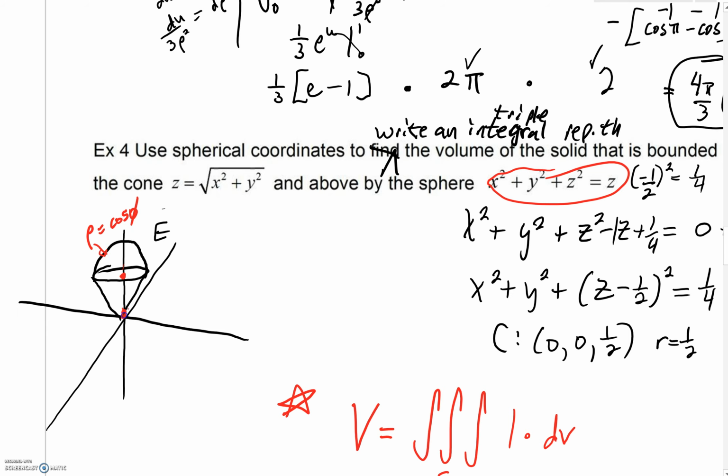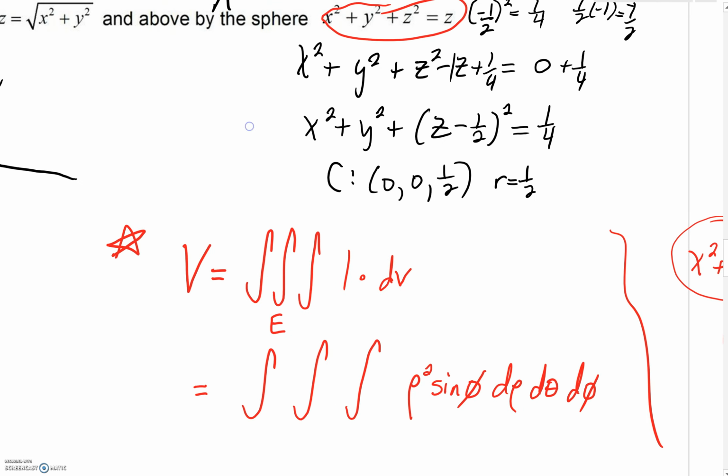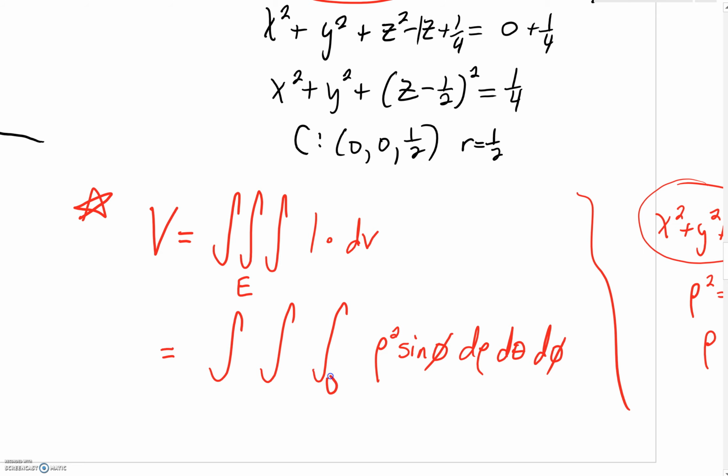So, of course, this solid, imagine that we've got the cone and the ice cream, our rho value, our distance, is going to span anywhere from the origin. It can go as far as this sphere right here. So what are we going to see? The boundaries for rho, we're going to go between 0 and the cosine of phi.